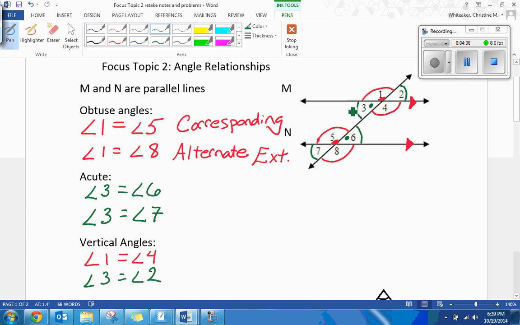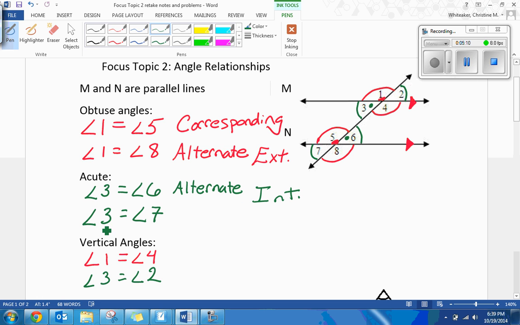We're going to say they're on the inside because they're both in between M and N. So they're interior angles. Okay, now we also need to say, are they alternate, so opposite sides, or are they on the same side of the transversal? And they're going to be alternating again. So alternate exterior angles. And I forgot an N. Let's try that again. Alternate interior angles, because they're on the inside.